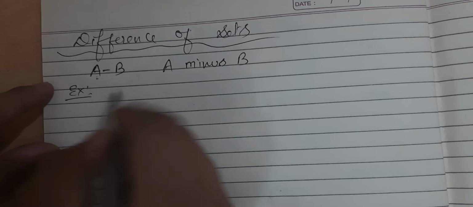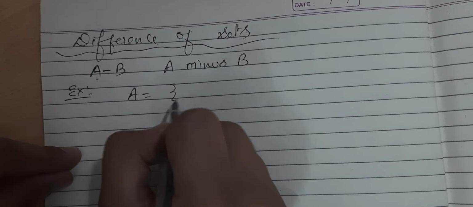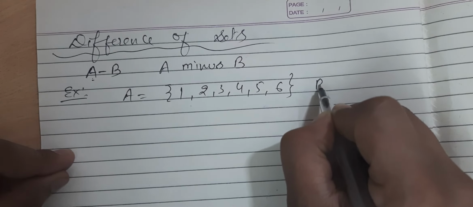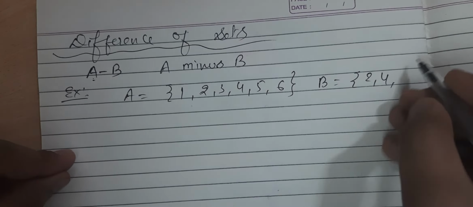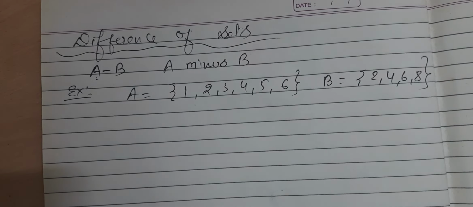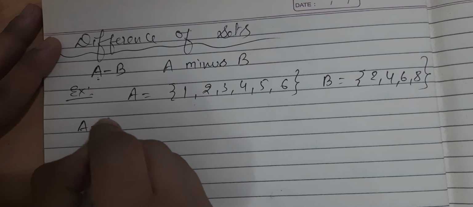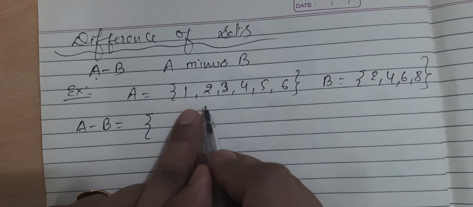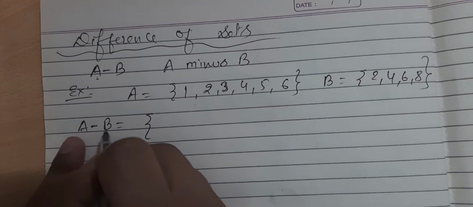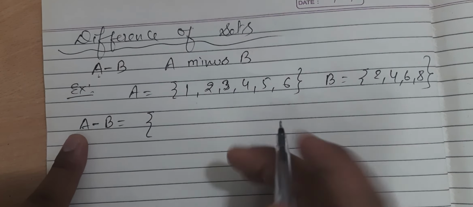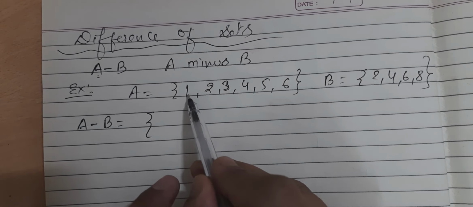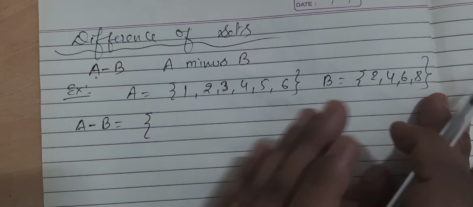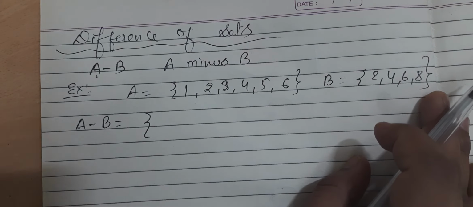So this we'll understand by taking an example. Here we have set A whose elements are 1, 2, 3, 4, 5 and 6, and set B whose elements are 2, 4, 6 and 8. Now we have to find A minus B. From set A we will delete all the elements of set B, and the remaining elements will be the answer.